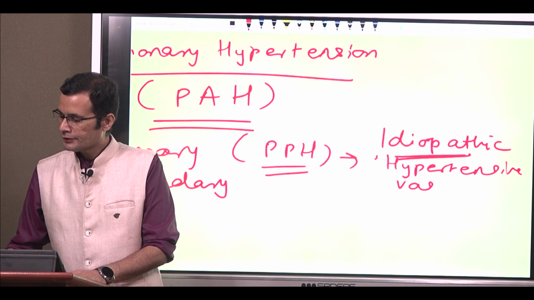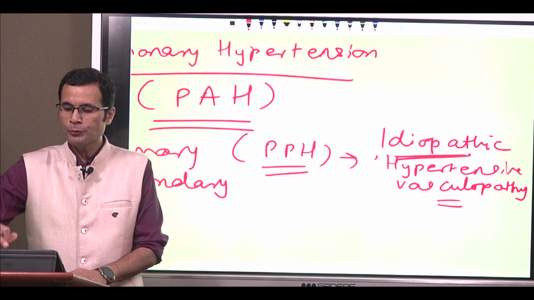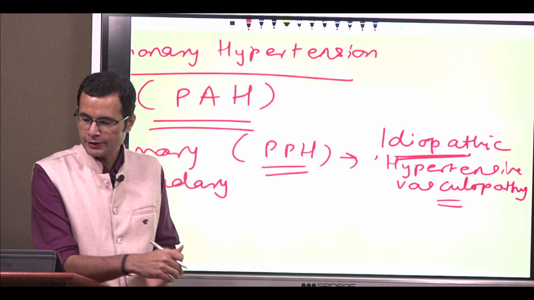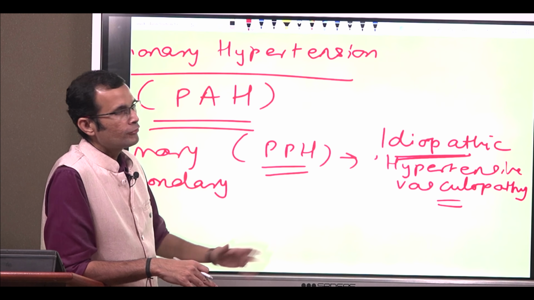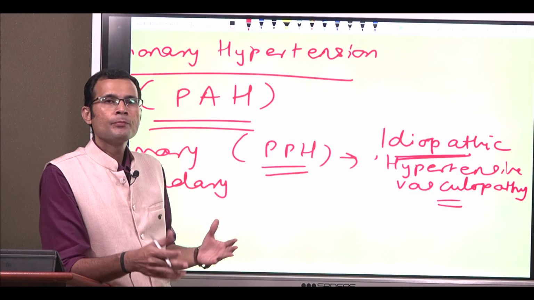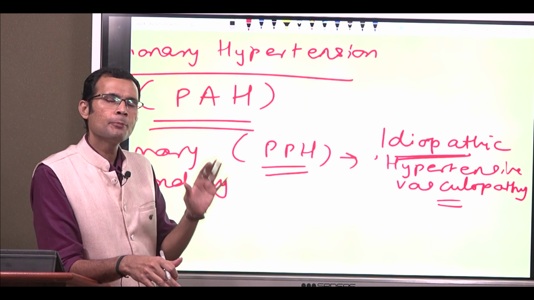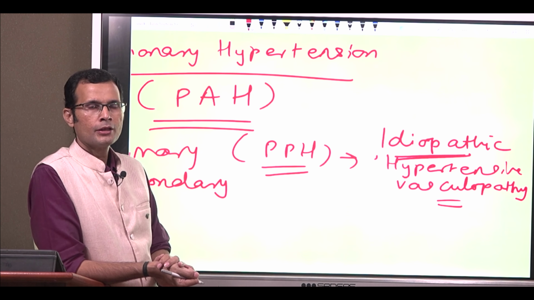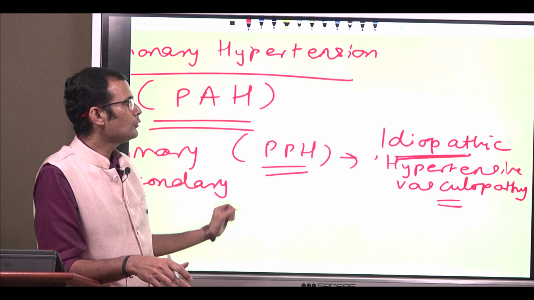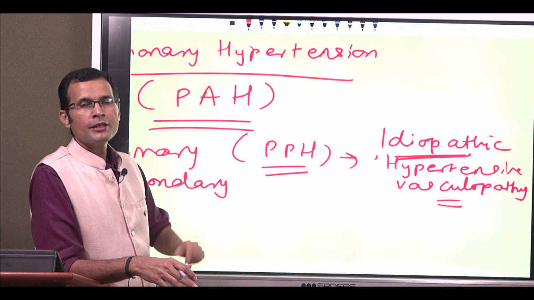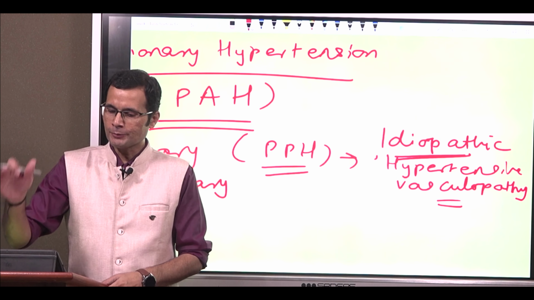So, these terminologies should be understood when do we use them, in what context, and we call it idiopathic hypertensive vasculopathy when the hypertension is exclusively affecting the pulmonary circulation. There is no involvement of the systemic circulation, exclusive involvement of the pulmonary vasculature. That's when we call it idiopathic hypertensive vasculopathy.